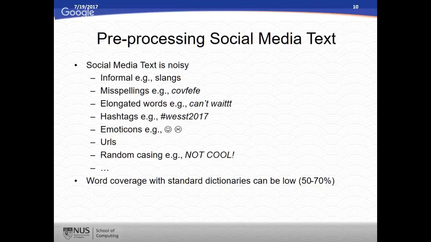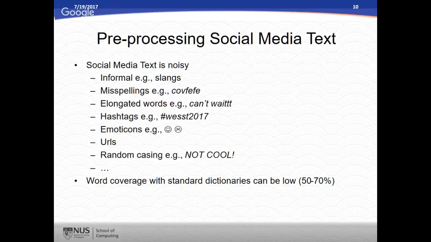I think everyone knows about that. And there are elongated words people use to express the intensity of their opinion on something. And of course there are hashtags, there are emoticons, people use URLs all the time. There is random casing, and also you will find these days there are image tweets, right? I'm not going to cover that. I'm only going to focus on the text part.